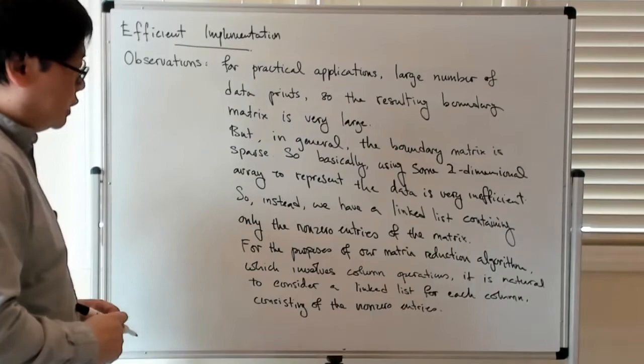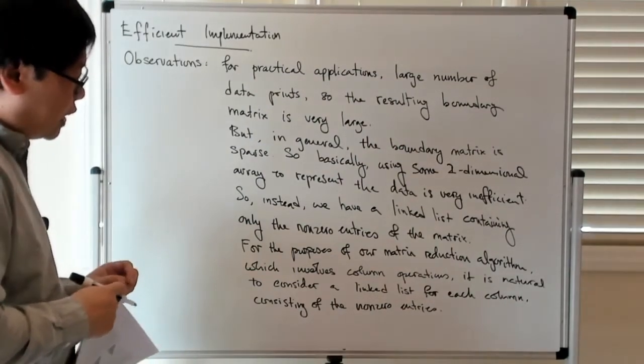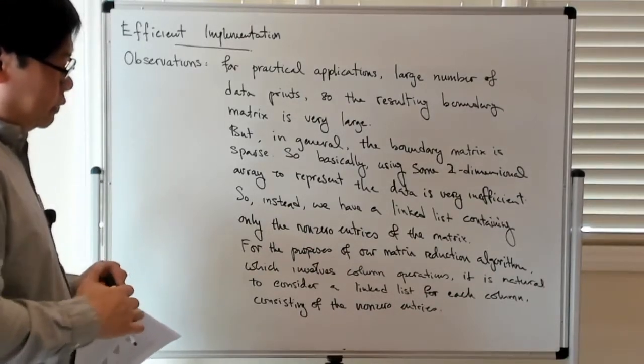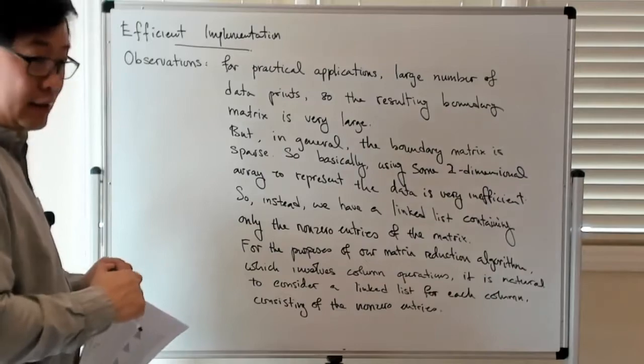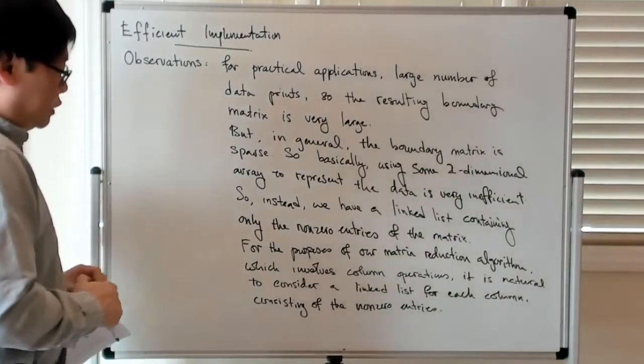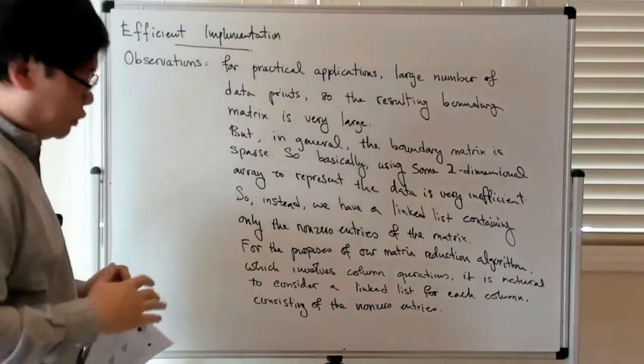So in addition to having a linked list which enumerates the ones in each column in some ordering, you want that ordering to be such that the lowest one is the first entry.